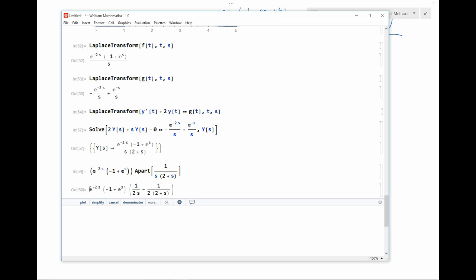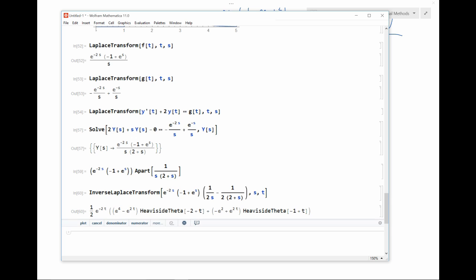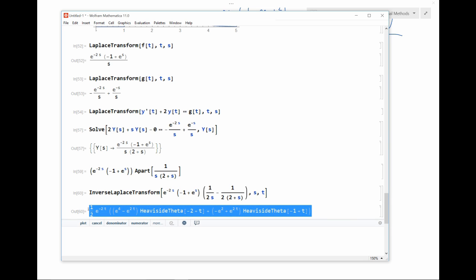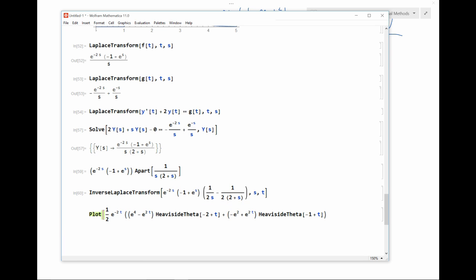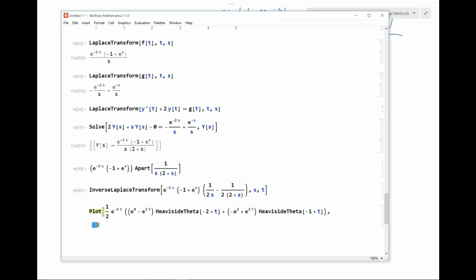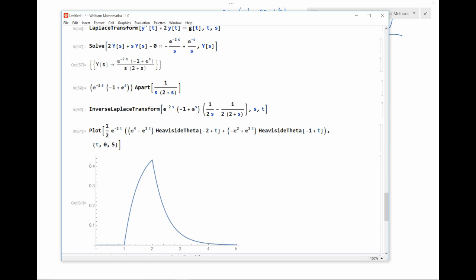Nevertheless, if I do the inverse Laplace transform, then I get an expression that looks like the expression we had before. And if I plot it, I get a function that looks exactly like the functions we obtained before.